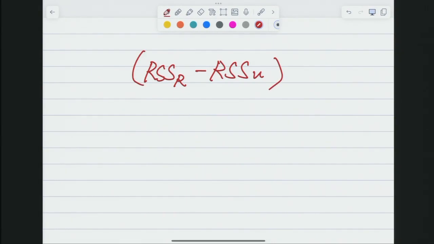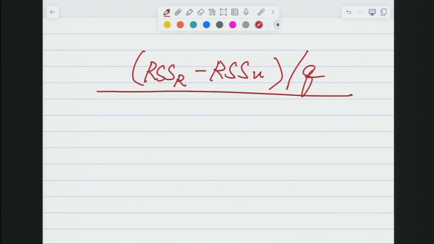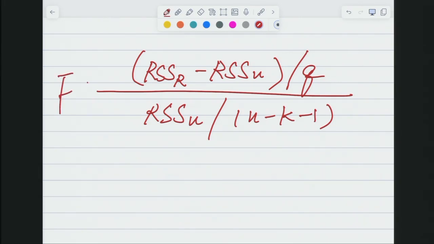That's the numerator, divided by the number of restrictions. And in the denominator, we have the RSS associated with the unrestricted model divided by the total degrees of freedom in the model. So it's really about comparing the model fit. This is a correct statement. If you're unfamiliar with the F statistic formula, it's time to check the notes on topic 2.